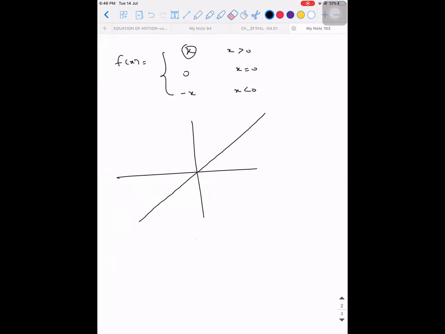I should draw only for x greater than 0. So which part should I remove? The third quadrant line, sir. So the third quadrant part I removed. At x equal to 0, it is 0. Similarly, f of x is equal to minus x. This is the graph. But f of x is equal to minus x is in which quadrant? Second and third.